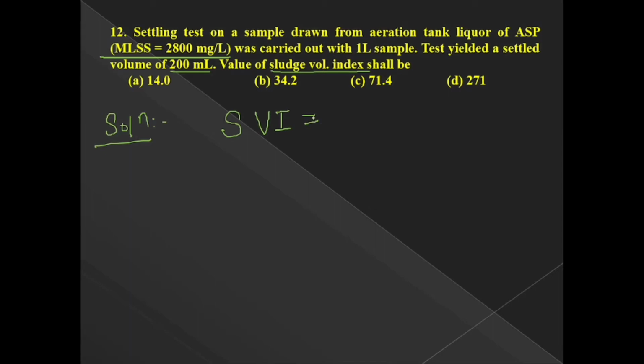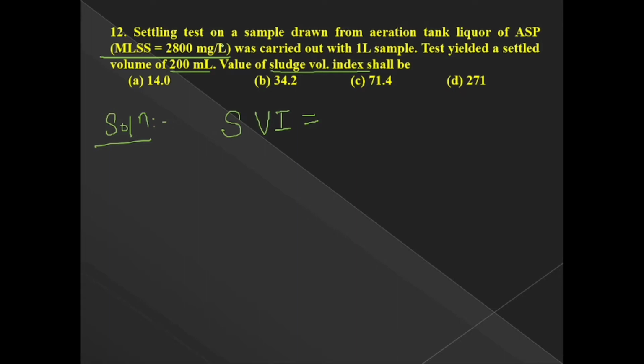As we know, SVI is equal to the volume occupied by 1 gram of the solids in mixed liquor after settling for 30 minutes. Yes or no? Here MLSS given is 2800 milligram per liter.